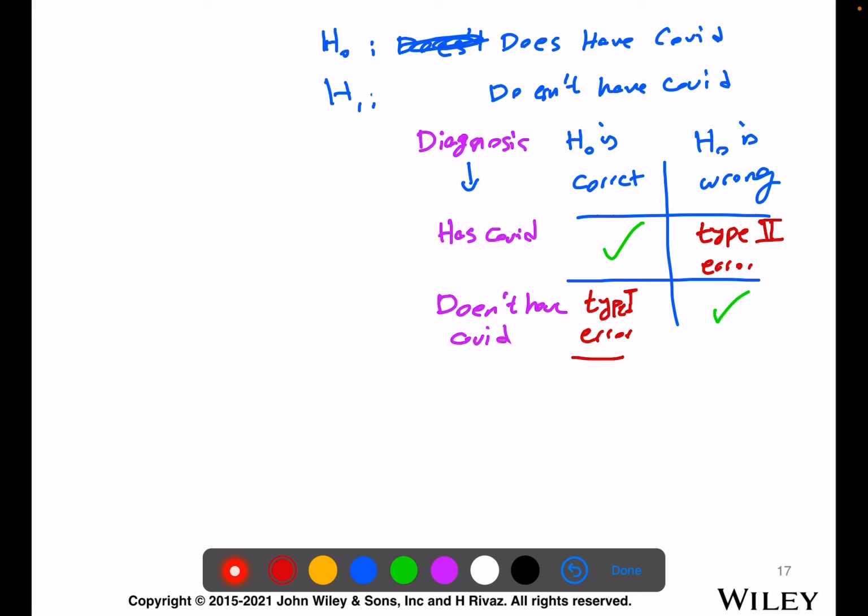Any questions? Okay. So type 1 error is also called alpha, right? And type 2 error is also called beta. And another thing that we will see later on in this chapter is something called P-value.